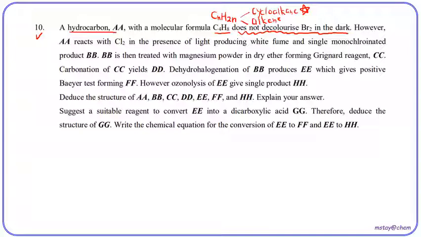However, A reacts with chlorine in the presence of light to produce a single monochlorinated product B. So from here, it is confirmed that A is a cycloalkane. But then, when there is a cycloalkane, we have another two possibilities.